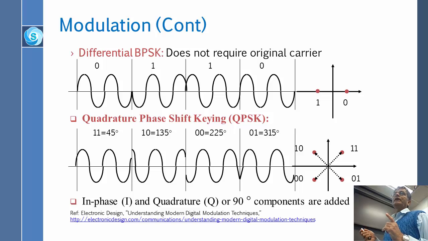Because it is quite possible that you might mistake this phase for one of these two, in either case there is only 1 bit error. So you cannot put 00 here and 11 there. That would be wrong, because then you will get 2 bit errors for a little mistake. But that question of 45 versus 0 degrees still remains.